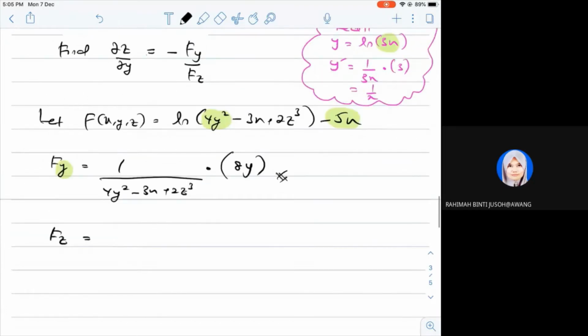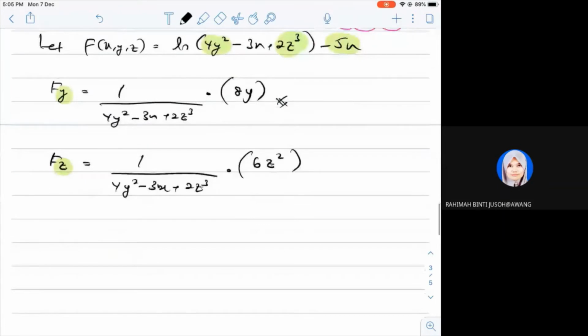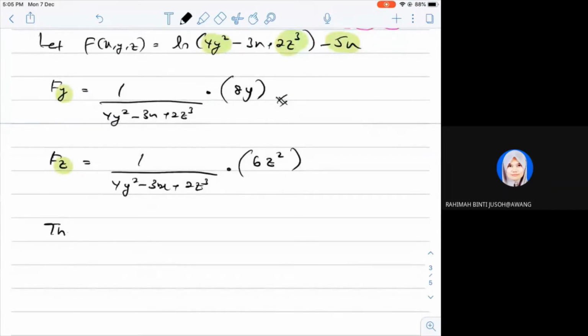Again, 1 over the whole thing, 4y squared minus 3x plus 2z cubed. But now we need to differentiate z. So you have to differentiate 2z cubed. We get 6z squared.